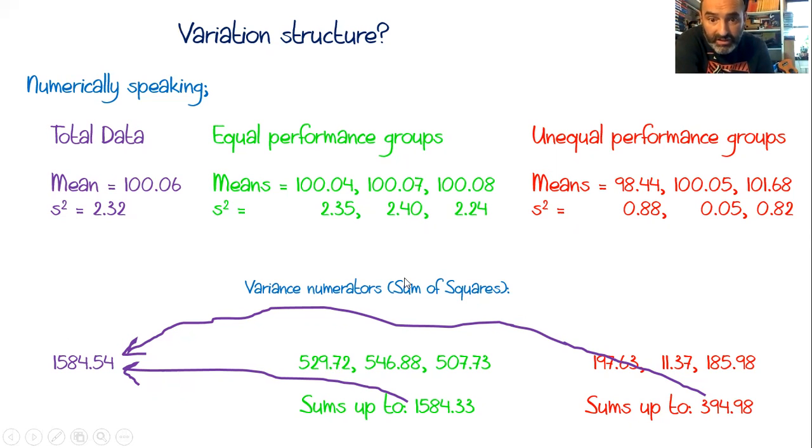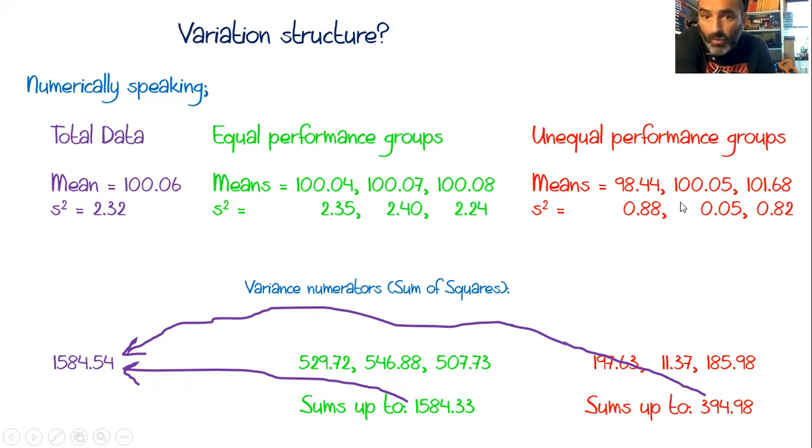Over here in the green version, it's almost 0, 0.21. Okay, 0.21 is between group variation. Over here, 1,200 is made of between group variation.